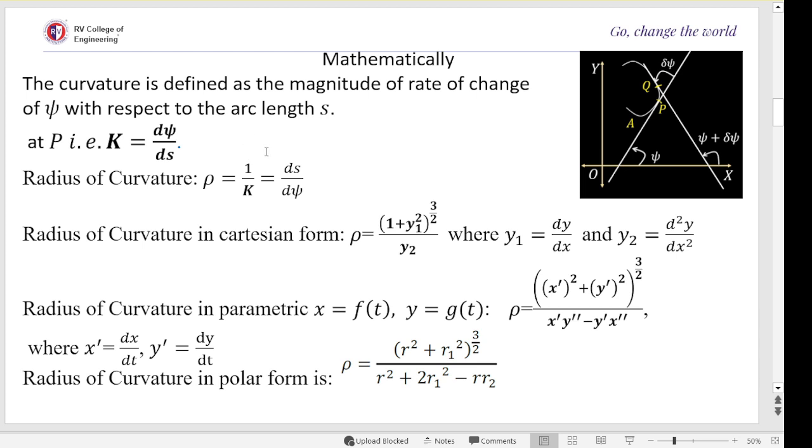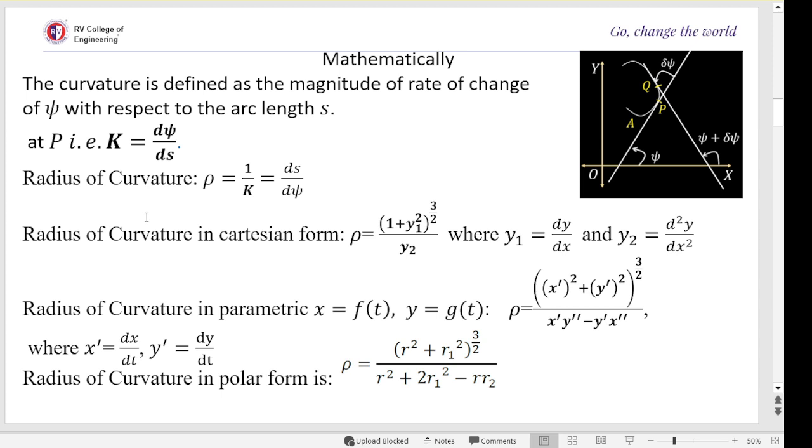As I already told you, the radius of curvature and curvature are inversely proportional. So, radius of curvature is given by rho equal to 1 by kappa, which is equal to ds by d psi.